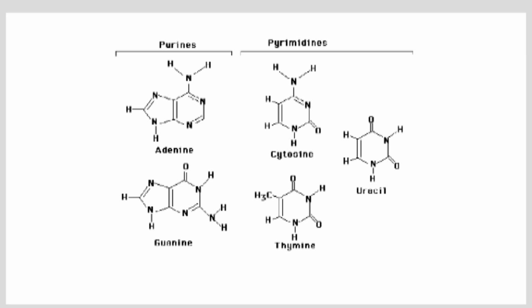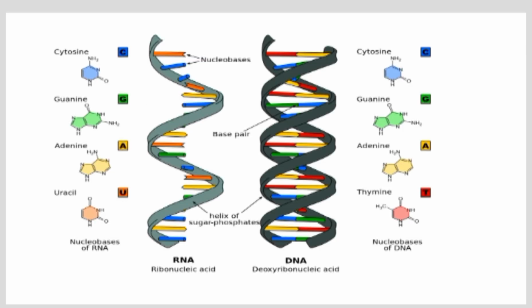This structure shows the purine structures as well as the pyrimidine structures. Pyrimidines are cytosine, uracil, and thymine. Purines are adenine as well as guanine. This structure shows the DNA as well as the RNA. RNA is ribonucleic acid, and DNA is deoxyribonucleic acid.